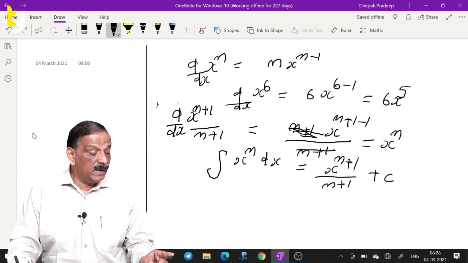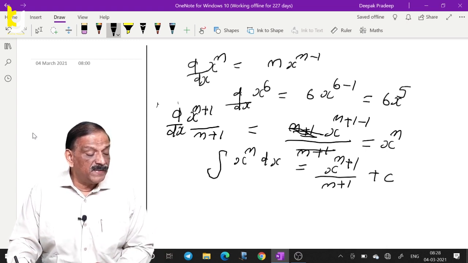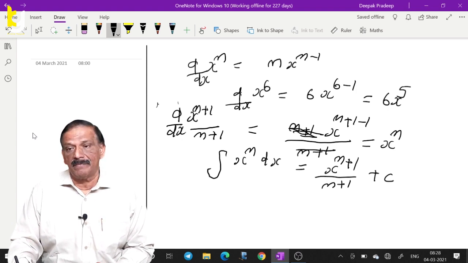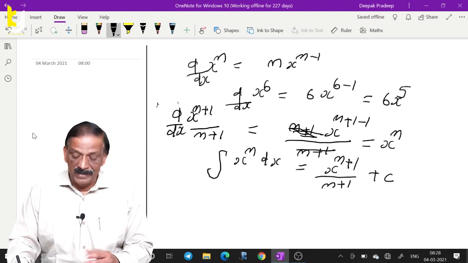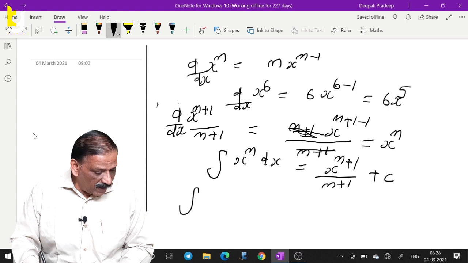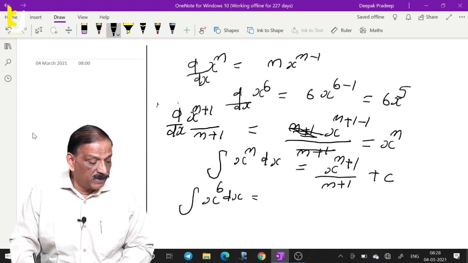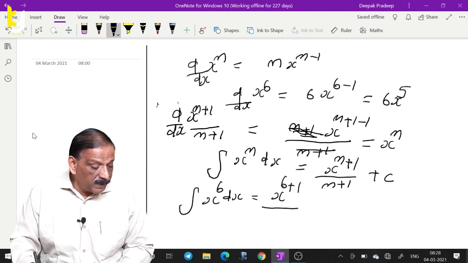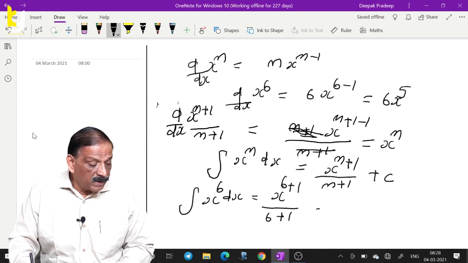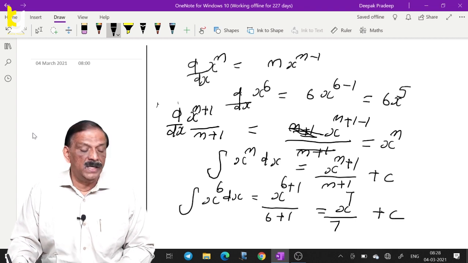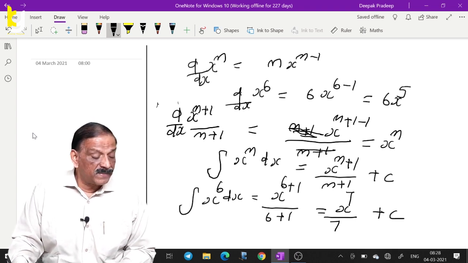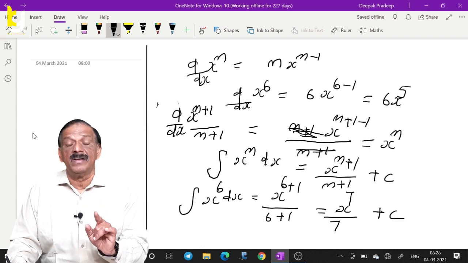So we can study integral x raised to 6 dx. That is equal to x raised to 6 plus 1 divided by 6 plus 1, which is equal to x raised to 7 divided by 7 plus c.